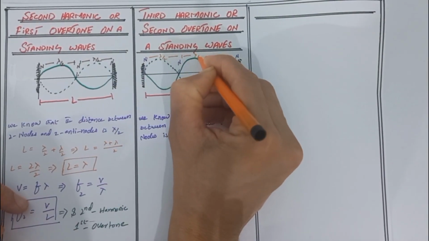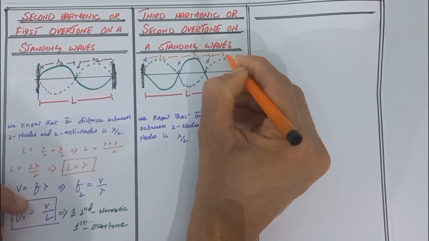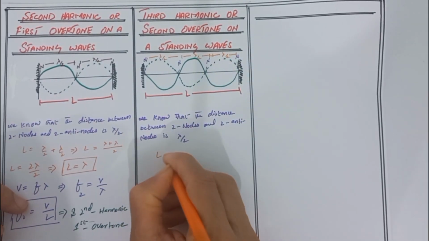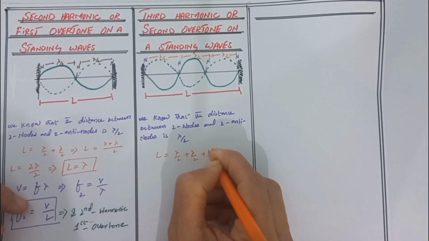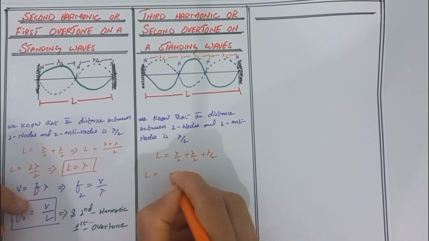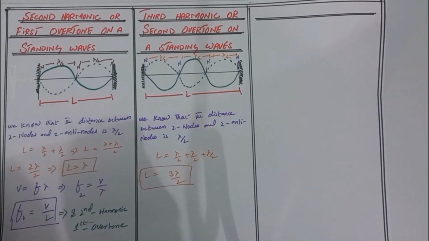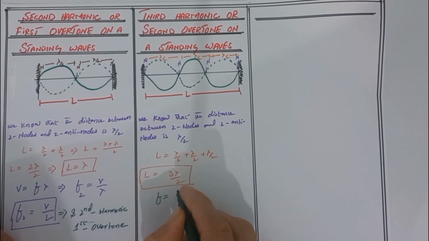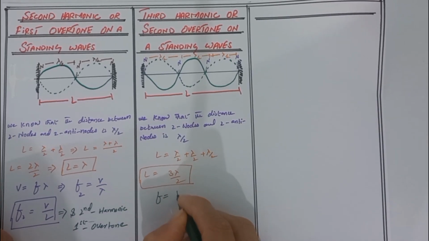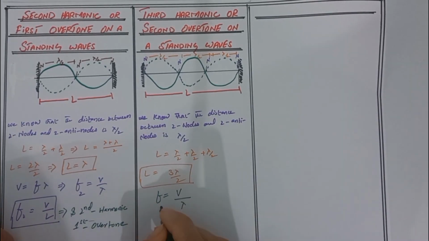So the distance between two nodes is lambda by 2. This distance is also lambda by 2, and this distance is also lambda by 2. So the total distance is 3 times lambda by 2, which gives 3 lambda over 2. We know that the frequency is equal to v over lambda. Here we calculate the third harmonic, so f3 is equal to v over lambda.